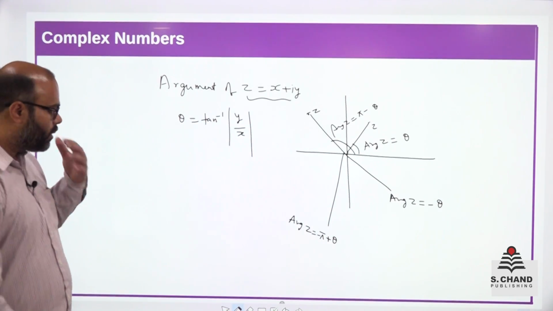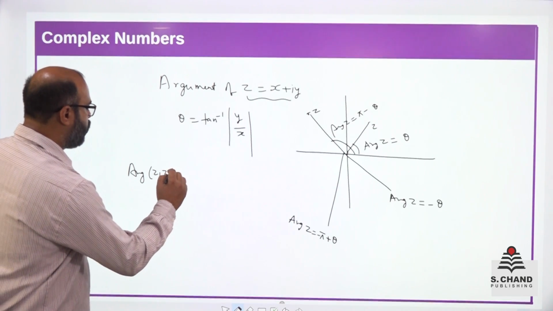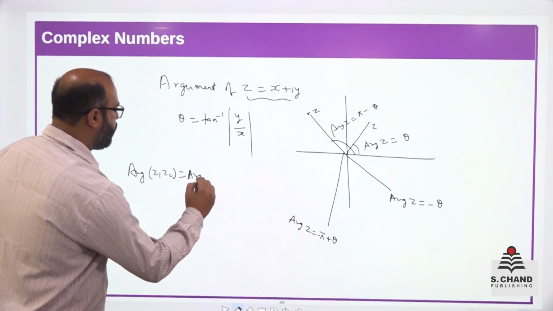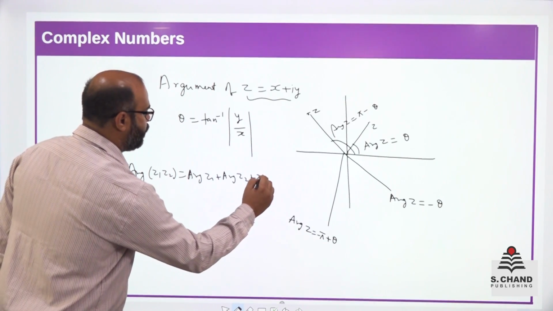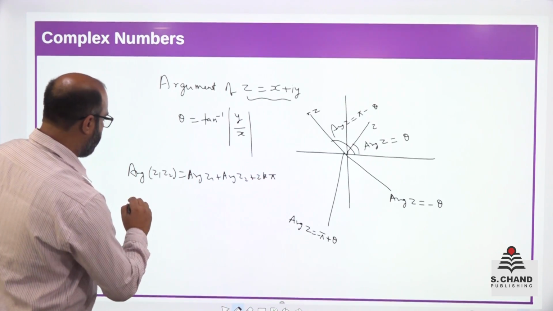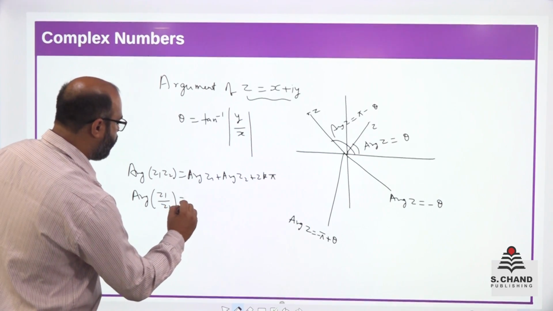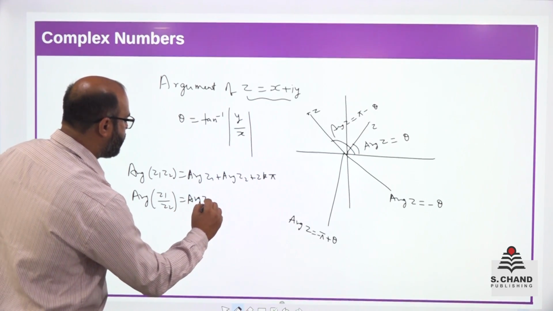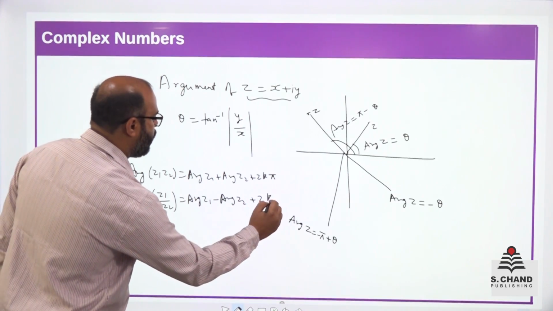So this is the concept. Further, argument of z1 into z2 is equal to argument of z1 plus argument of z2 plus 2k pi, where k is an integer. Similarly, argument of z1 by z2 is equal to argument of z1 minus argument of z2 plus 2k pi.